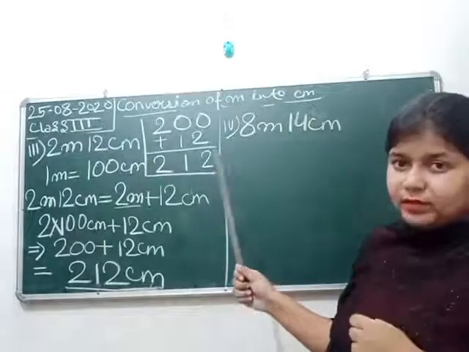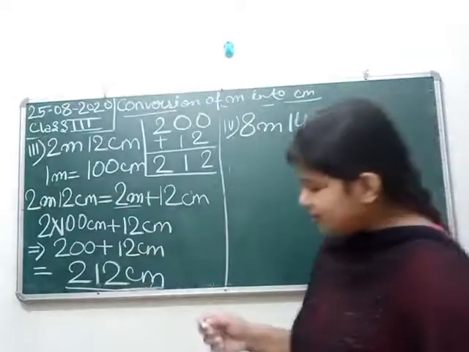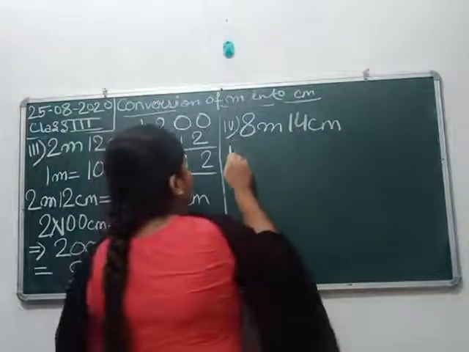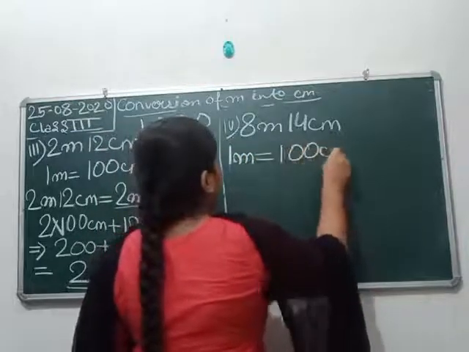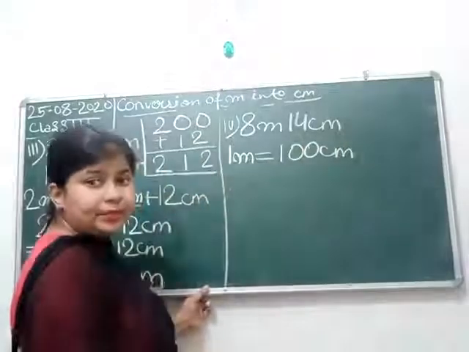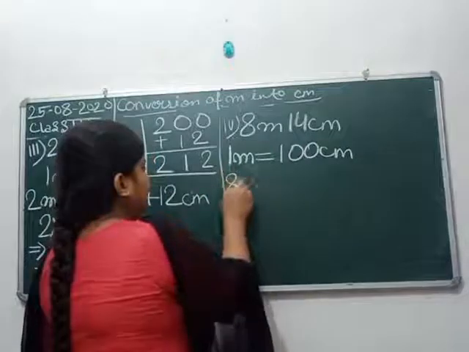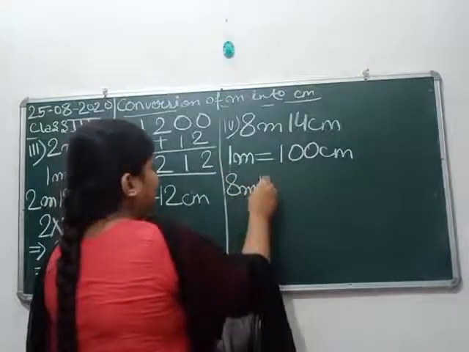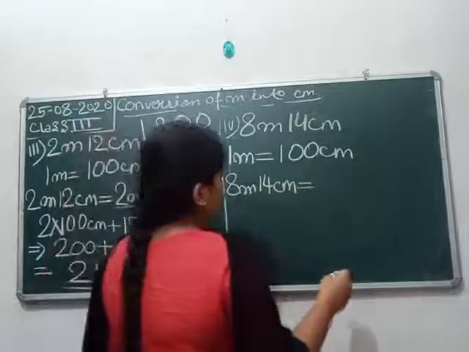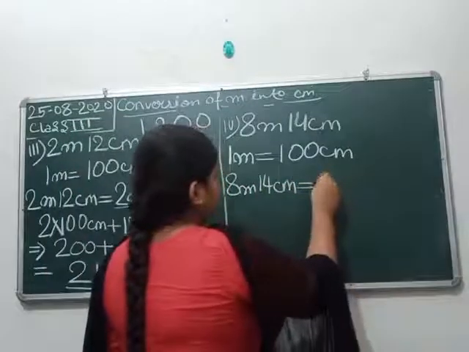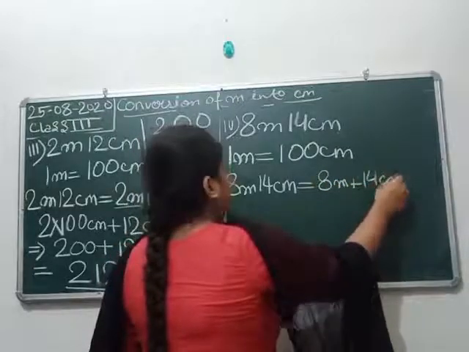So let us do this question. 1 meter is equal to 100 centimeter. Okay, this will remain the same. Now 8 meter 14 centimeter is equal to 8 meter plus 14 centimeter.